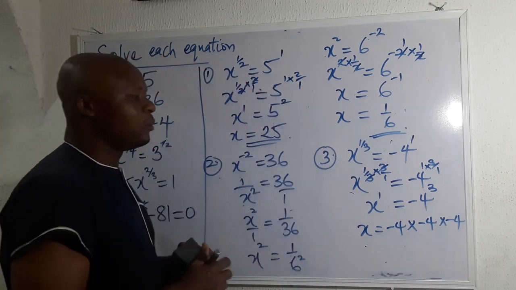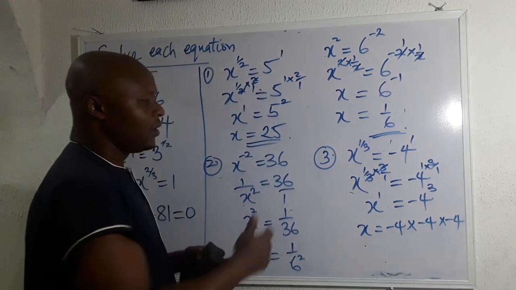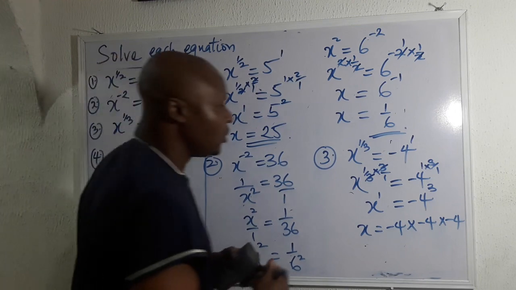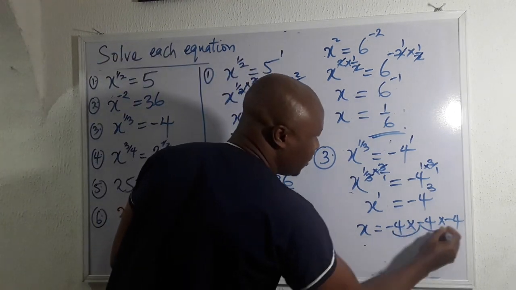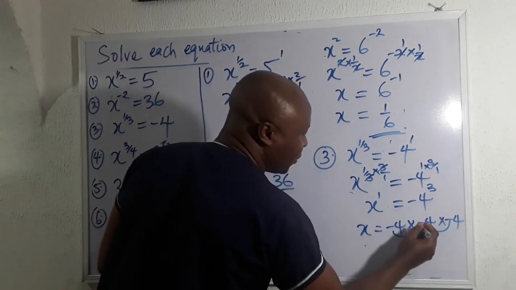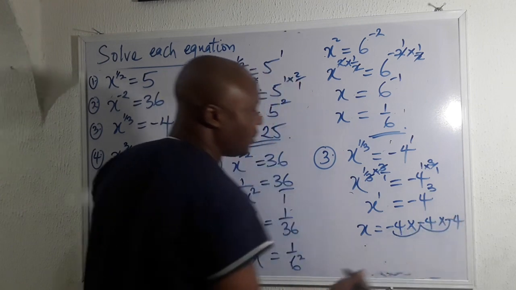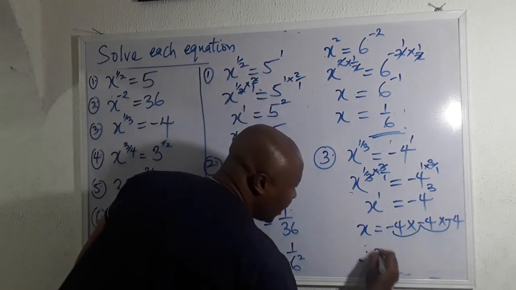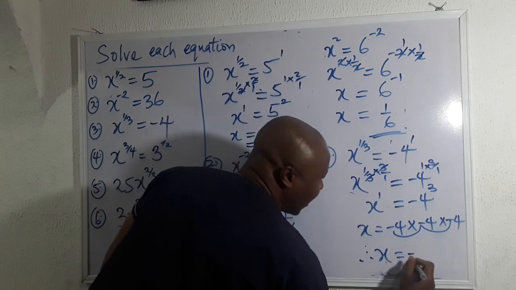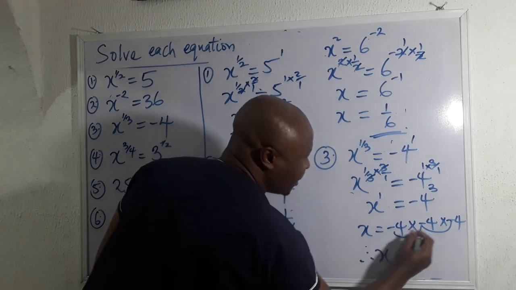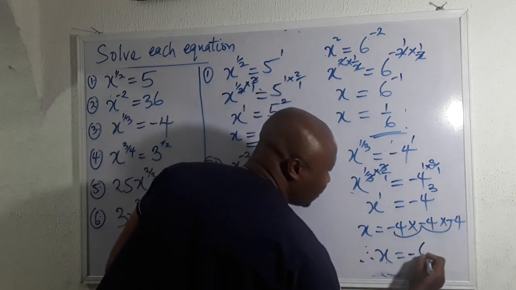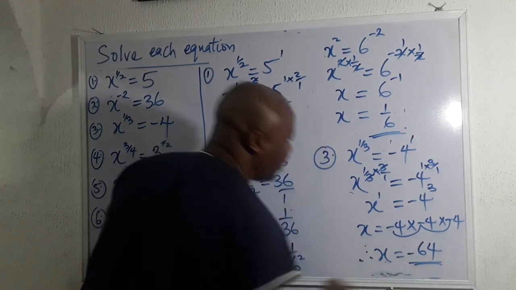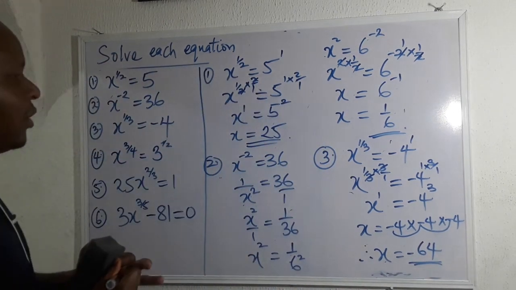So of course, when I'm multiplying numbers, we multiply the signs in front of them. Minus times minus is plus, times minus is minus. So therefore, x will now be equal to minus 4 times 4 is 16, times another 4 is 64. So that's minus 64. That is for x.